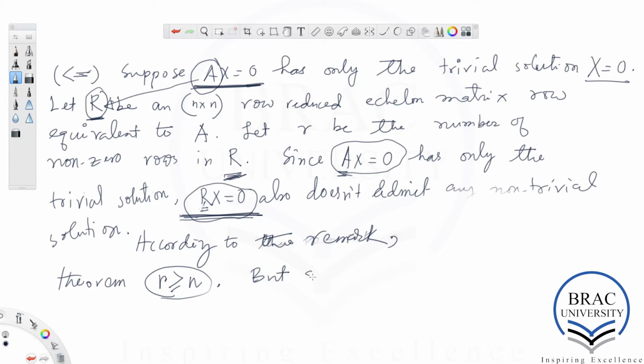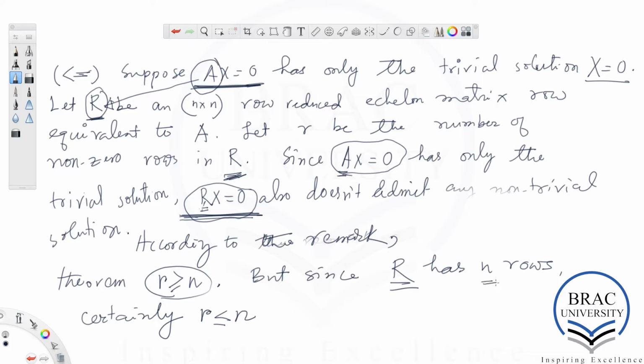But since R has n rows, because R is an n times n matrix, certainly the number of non-zero rows of R is less than or equal to n, because the matrix R has n rows.